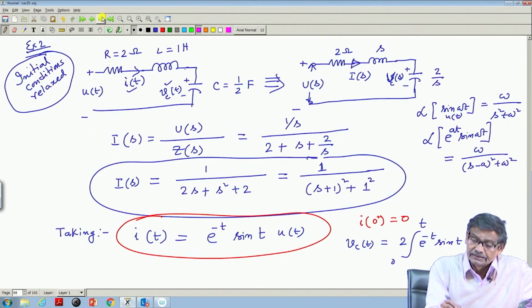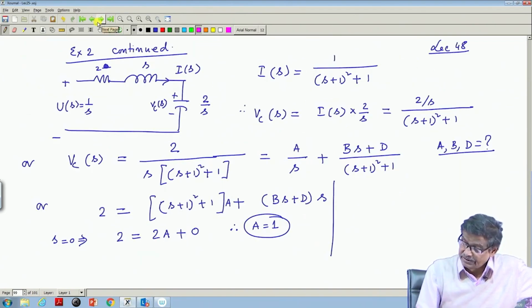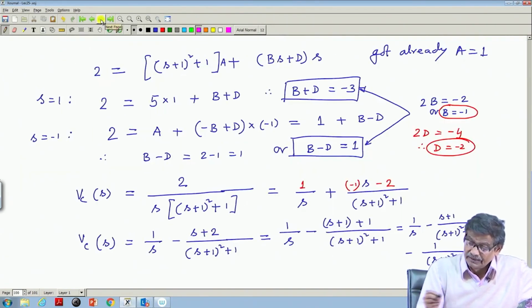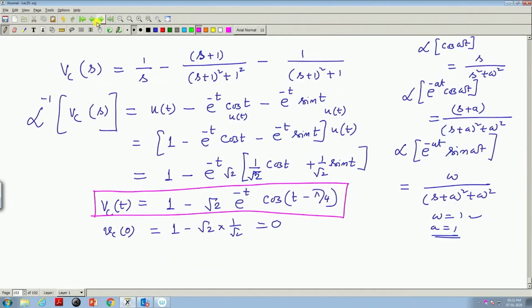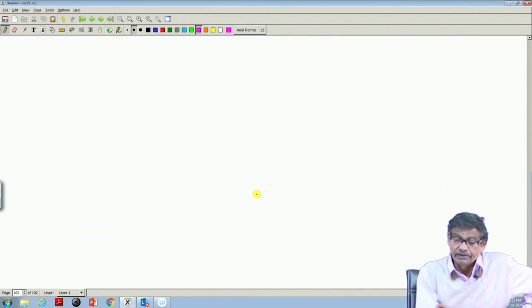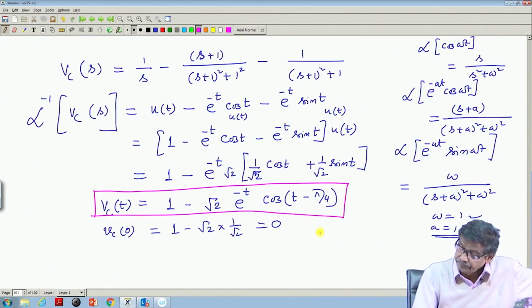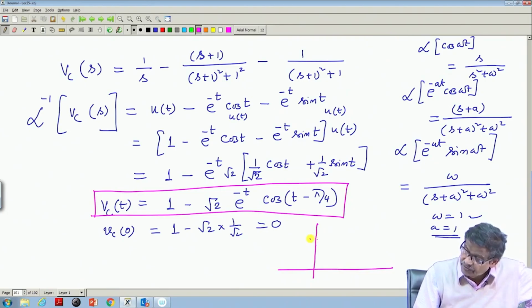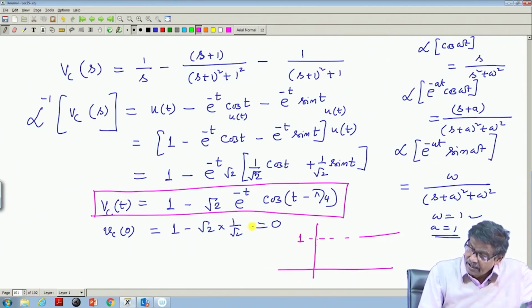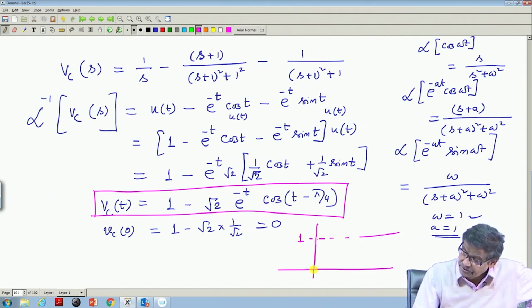But in this case, the capacitance voltage will be equal to this one, I will sketch it like this. As a function of time, if you sketch it, the final value of the capacitance is 1 and the initial value is 0.